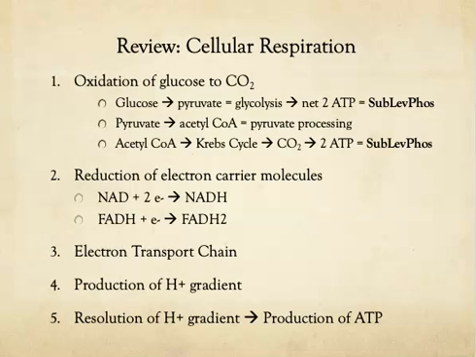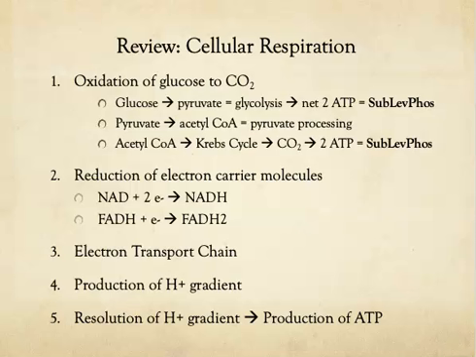The pyruvate that is produced through glycolysis is then converted into a molecule called acetyl-CoA through a reaction called pyruvate processing. No substrate level phosphorylation occurs in pyruvate processing. It is a one-step reaction.